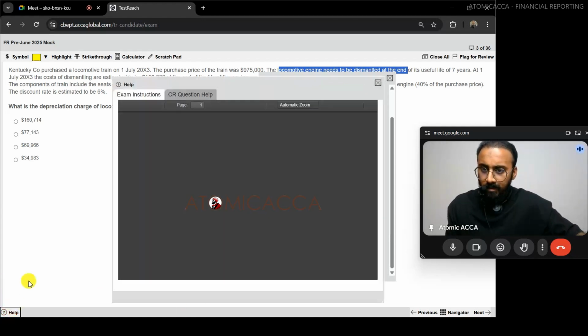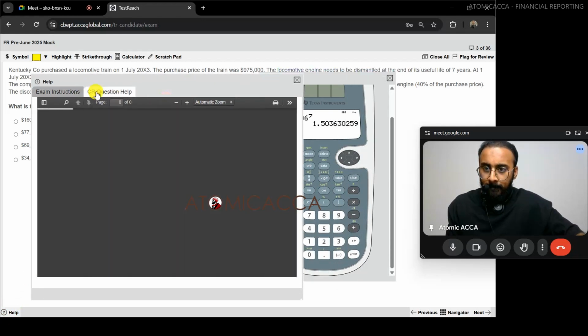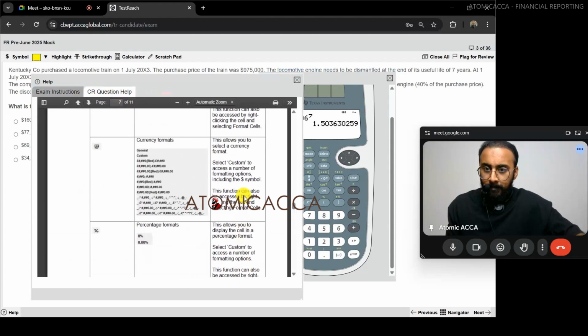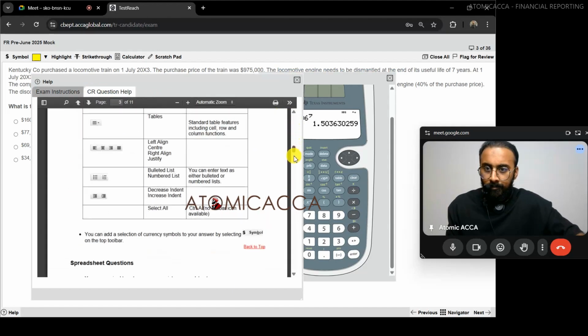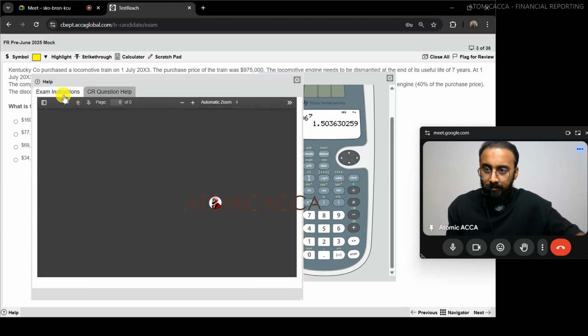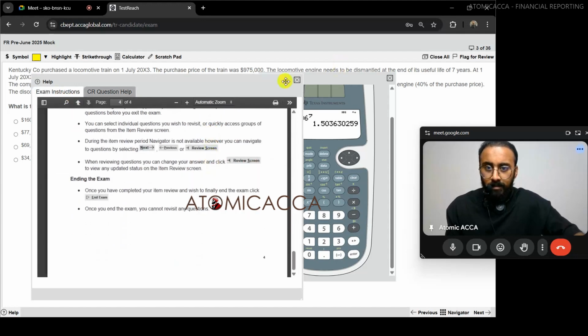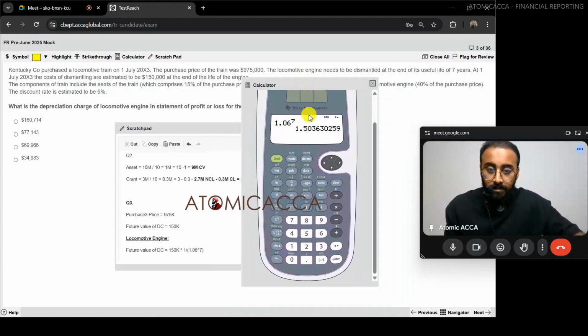Wait, do we have discount factor table here? We don't have that. Okay, forget it. So let's try this once again. Just note down over here 1.5036. I'll have to do 1 divided by this one.